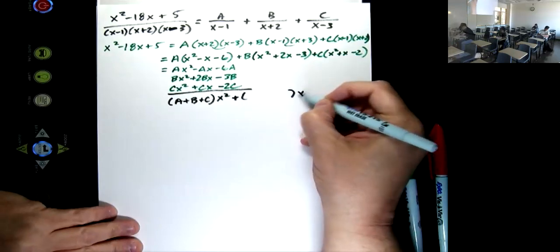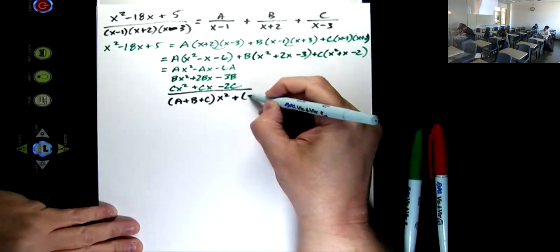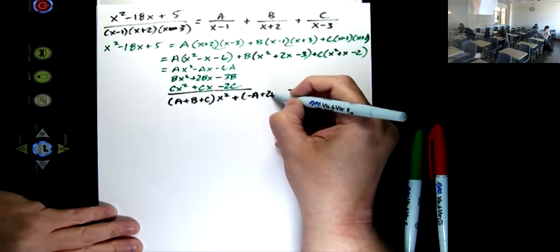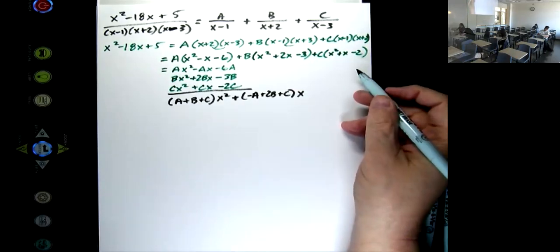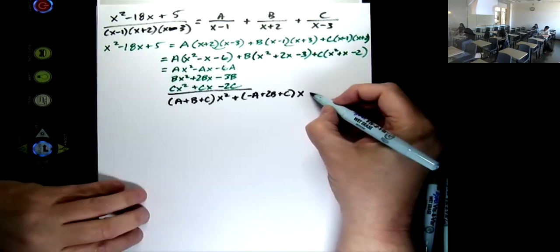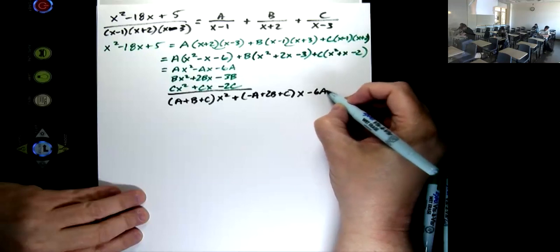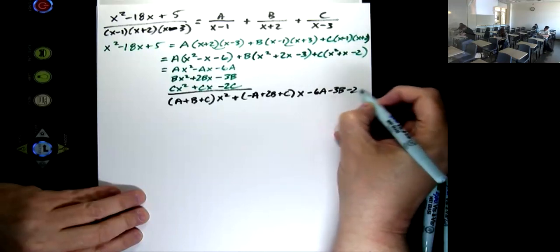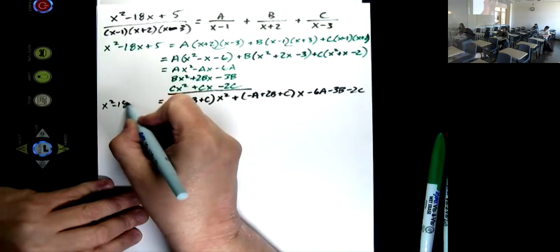My x's have the coefficients of this column: minus a plus 2b plus c. And my constant is just everything else: minus 6a, minus 3b, minus 2c. That all equals x squared minus 18x plus 5.